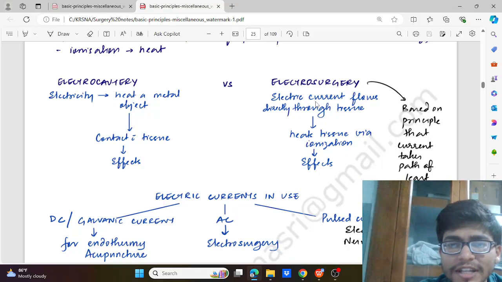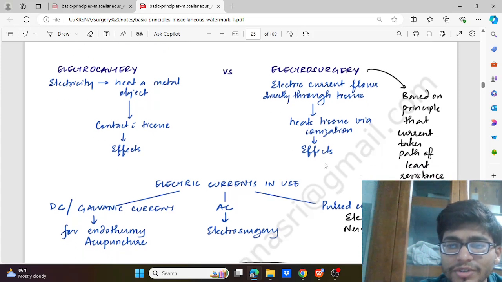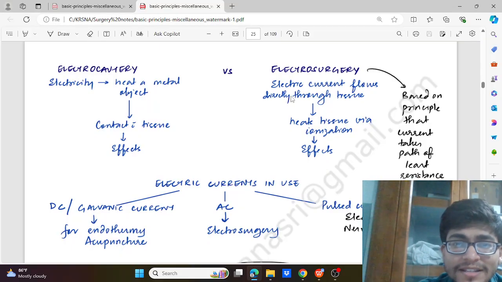In electrosurgery, the electric current flows through the tissue and the tissue is heated through ionization. So here the current passes through the tissue and causes the damage, whereas in electrocautery the current heats the metal object and that causes the tissue damage.